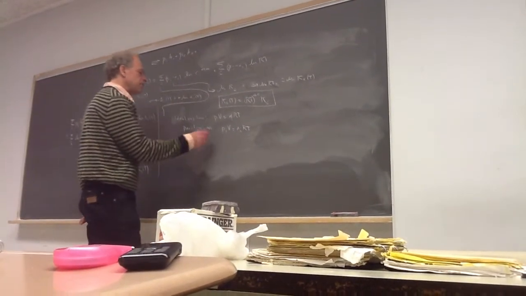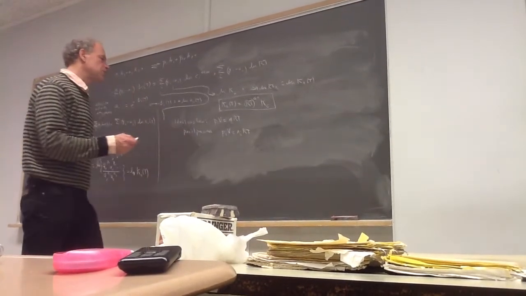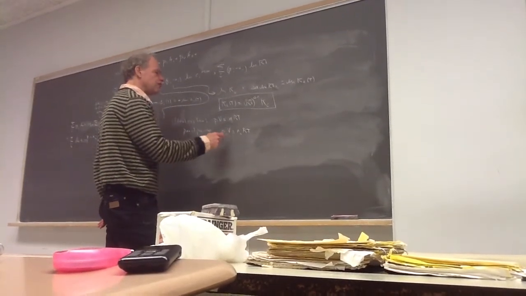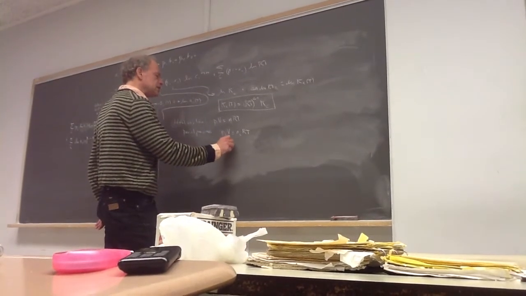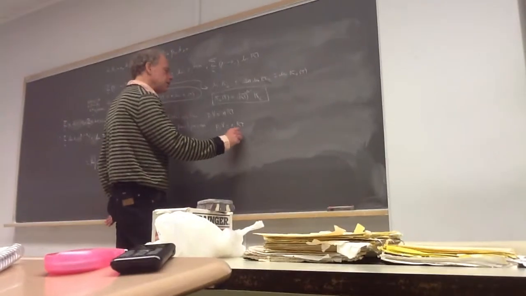So let's note that Ni over V, Ci, is equal to Pi over RT.